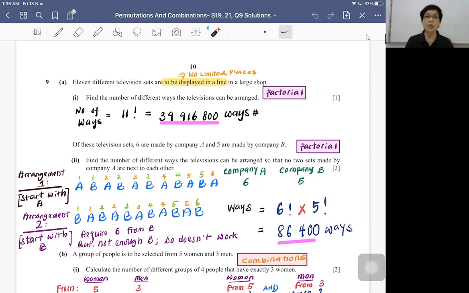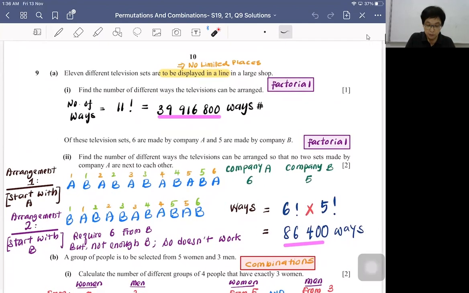Now let's read section 1. Find the number of different ways the televisions can be arranged. That confirms your choice of factorial as your tool to calculate the total number of ways is absolutely correct. From 11 different televisions, you are not limited at any point in choosing any television.